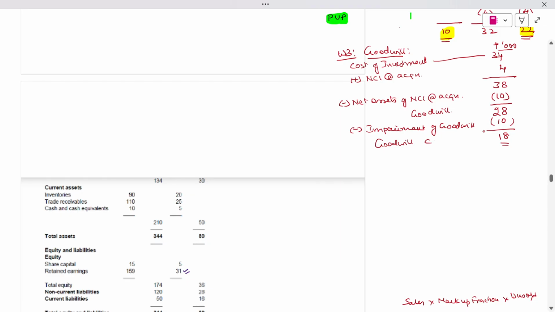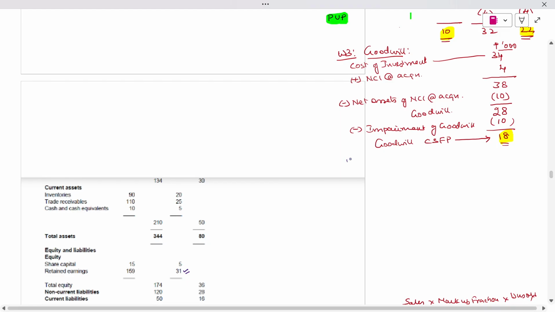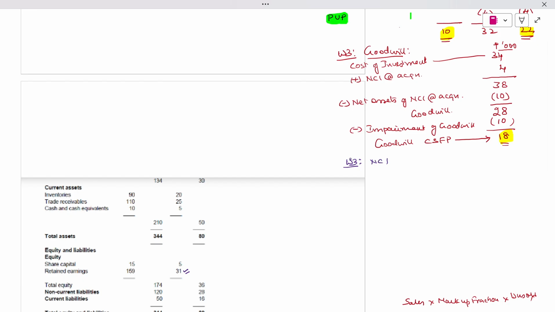Yes. Consolidated statement of financial position. Is it okay? Yes. Next, what do you have to do? Working 3. No, 4. Working 4, yes, sorry. NCI. How much is the NCI at acquisition?